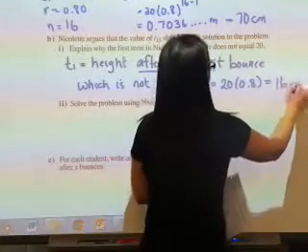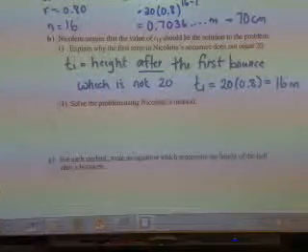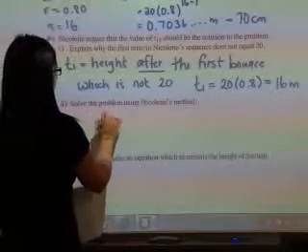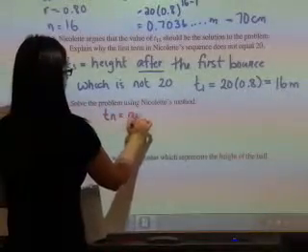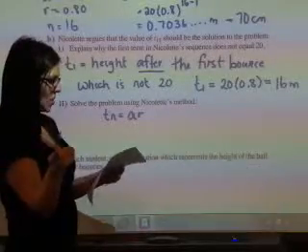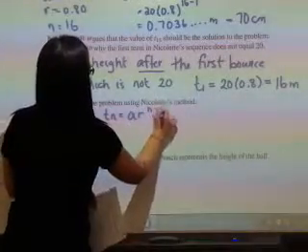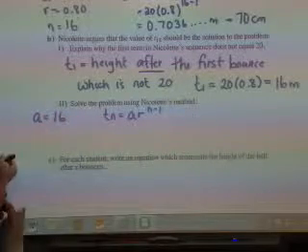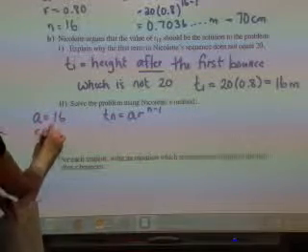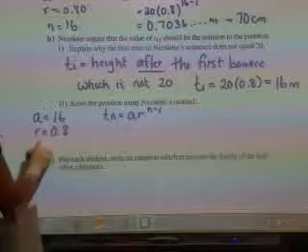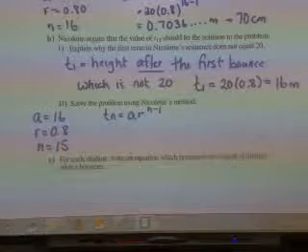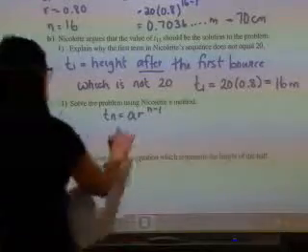16 meters. So now if I use Nicolette's method, I get T of n equals a times r to the power of n minus 1. Her a is 16. Her r is still going to be the 0.8. But in this case, her n will be 15, the 15th bounce.